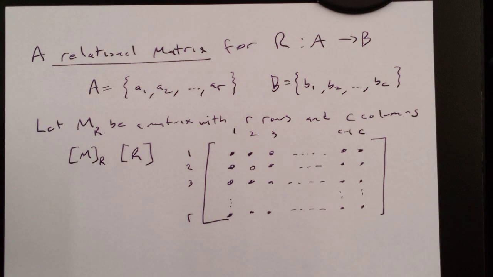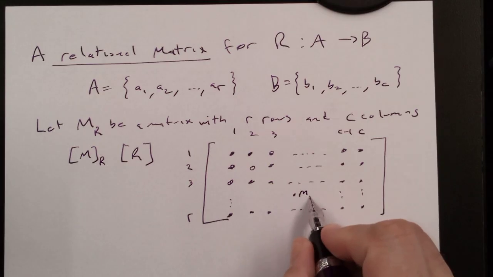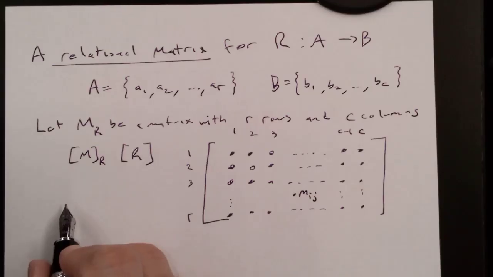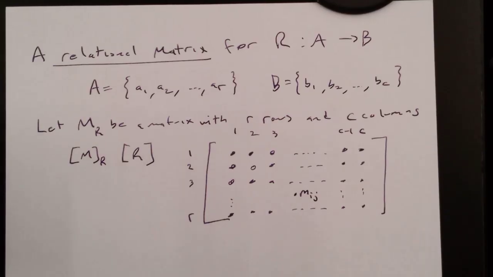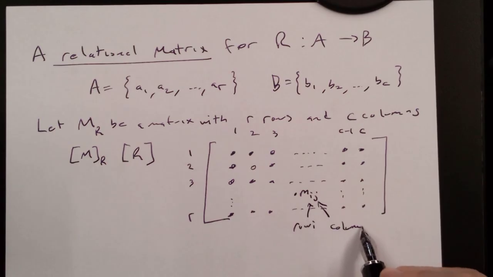I'm going to pick any dot somewhere in the middle here, and I'm going to call that dot Mij. That's the thing in row i and column j.